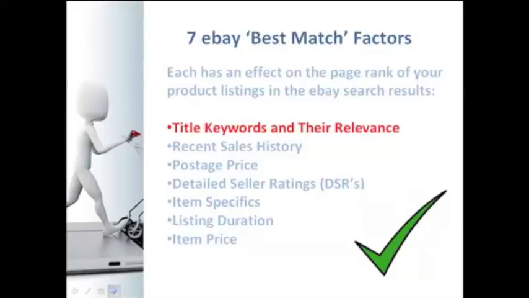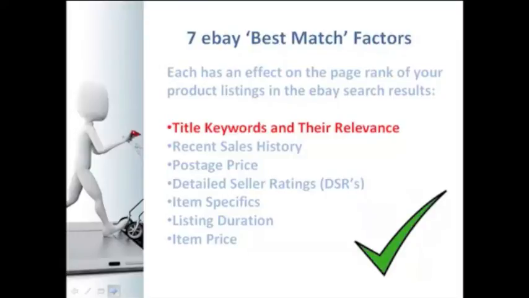Now, there are 7 eBay best match factors. I've just talked about best match, and obviously title, keywords, and their relevance is by far the most important of these 7 factors. But each of these that you can see in the list now does have an effect on the page rank of your product listings in the eBay search results.